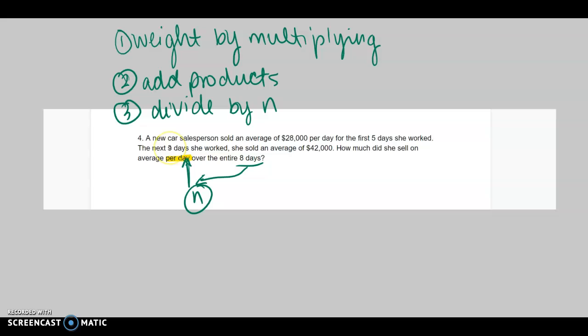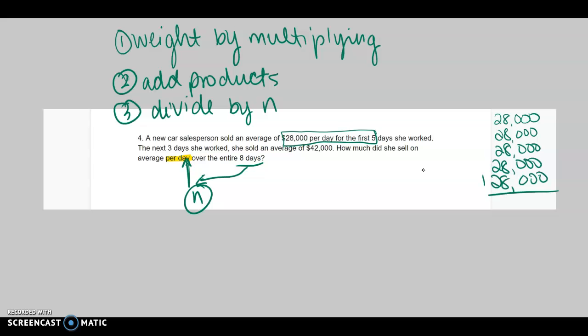Okay, a new car salesperson sold an average of $28,000 per day for the first 5 days this person worked. So instead of listing this out, 28,000, 28,000, 28,000, which I'm doing just to make a point. I wouldn't want you to do this, okay? So instead of using percentages for the weight like we did for the grades, we're really just using the frequency for the weight.